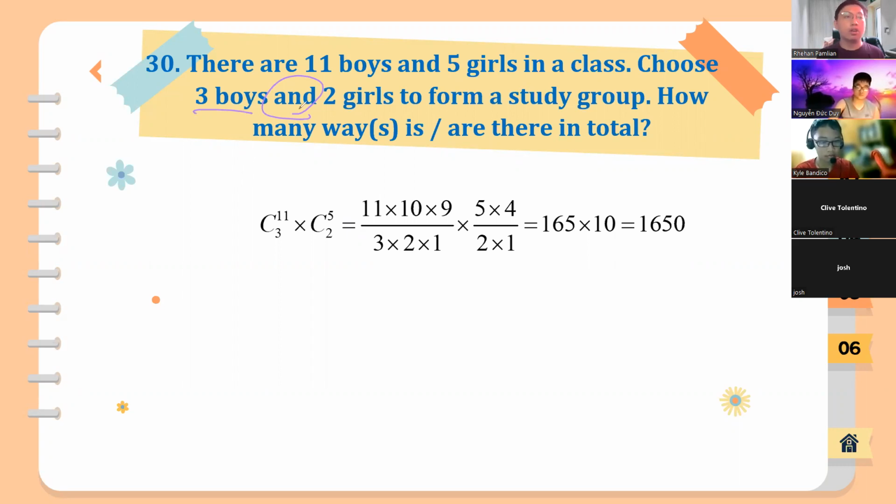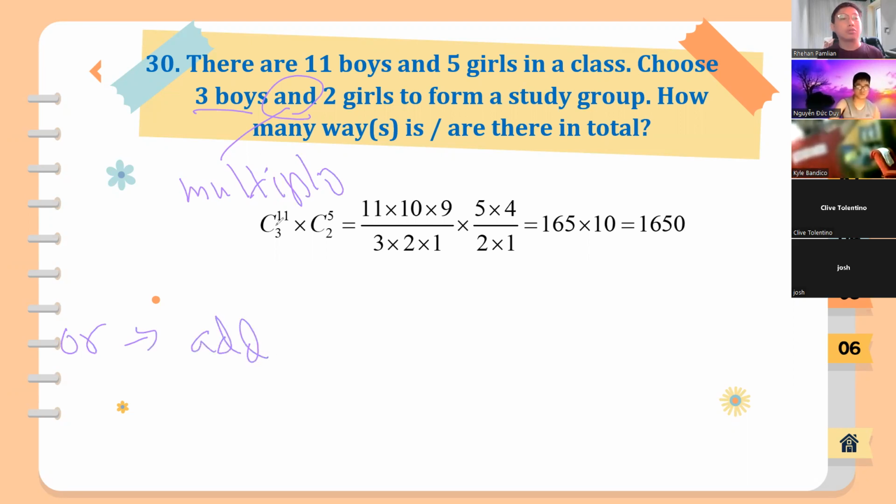And and or are different. When we say and, we multiply. But when we say or, we add. So here, the number of ways to get 3 boys and the number of ways to get 2 girls would be multiplied. So why is it 11 C 3? It's 11 C 3 because we want to choose 3 boys, and it doesn't matter what the order is, as long as they are boys.